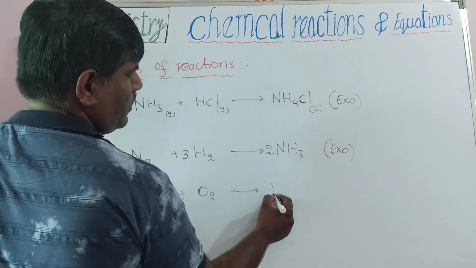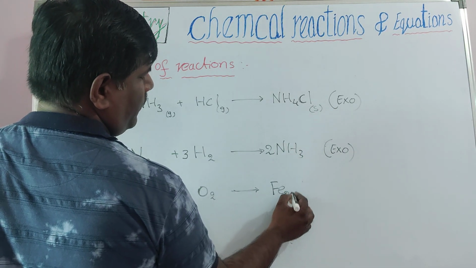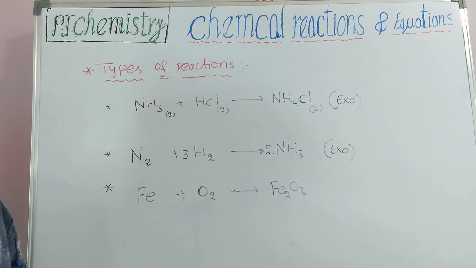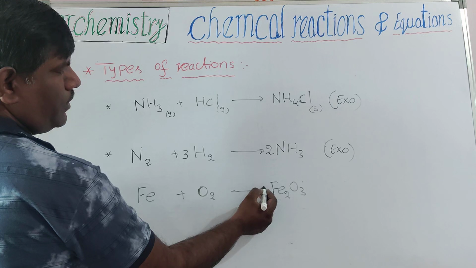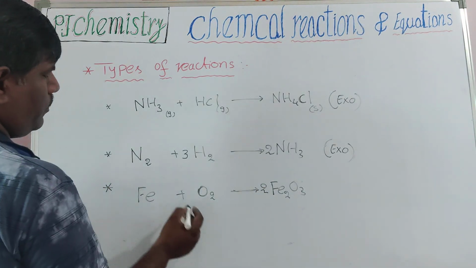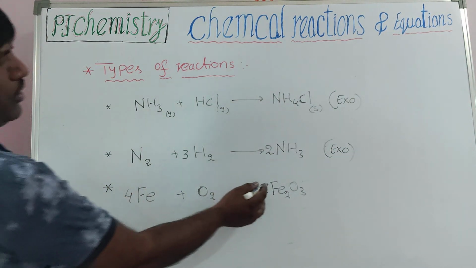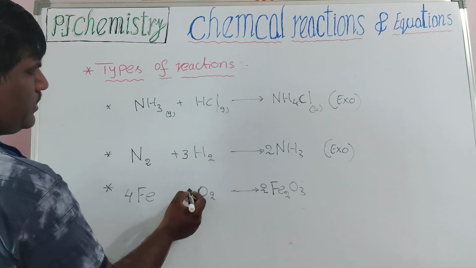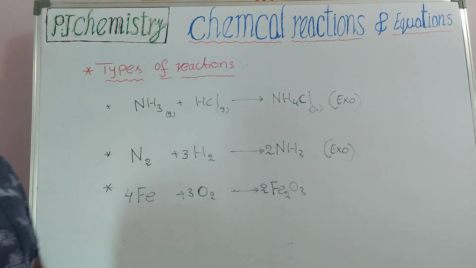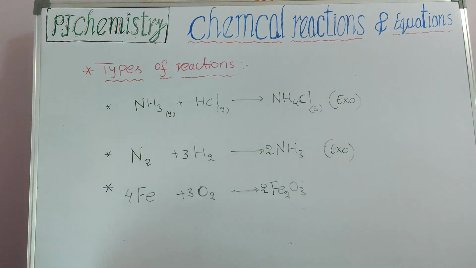It forms rust like Fe2O3. To balance, multiply 2 into 2, 4 irons, 4 into 1, 4 irons, 2 into 3 is 6, 6 oxygens, 3 into 2, 6 oxygens. Okay, this is also a combination reaction.